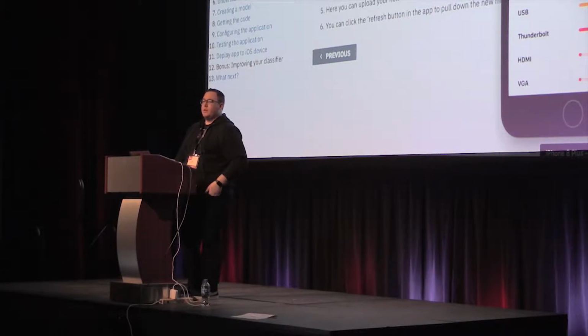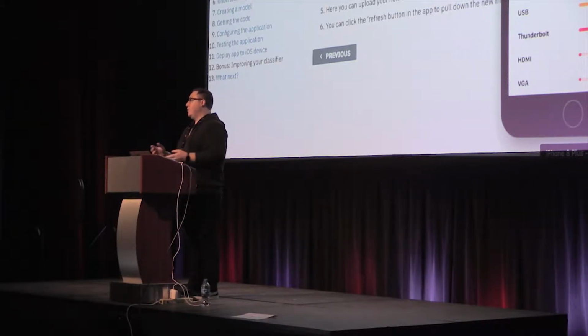And so if you are so inclined and you'd like to understand what improving your classifier looks like, now would be a good opportunity to take some new photos with the cables that we have, and we can show you how to actually retrain and improve your classifier. And you can see it happen almost instantly once we retrain it.